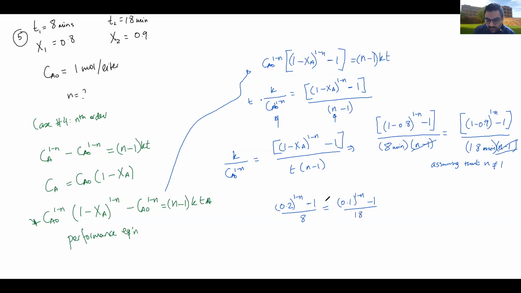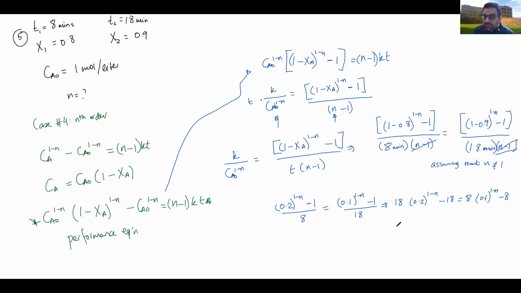If you're good with arithmetic, you can see directly that n is probably 2. But even if you boil it down more, it will be obvious that n is 2. If I just cross multiply, I get 18 times 0.2 to the 1 minus n, minus 18, is equal to 8 times 0.1 to the 1 minus n, minus 8.